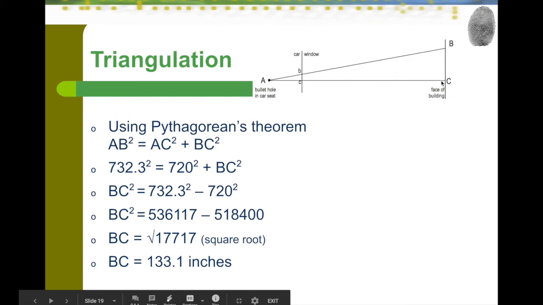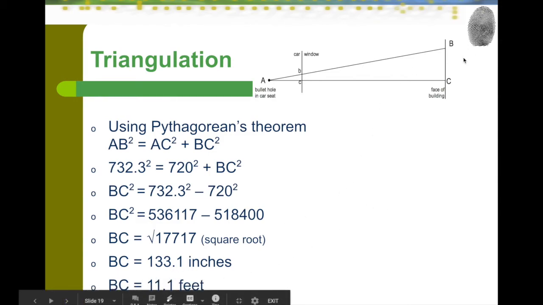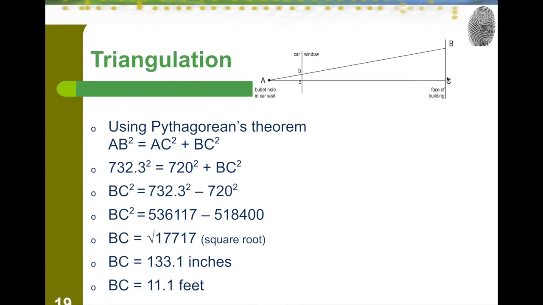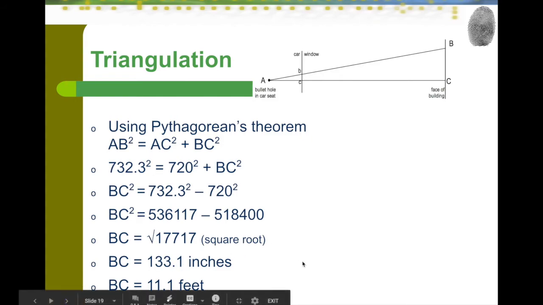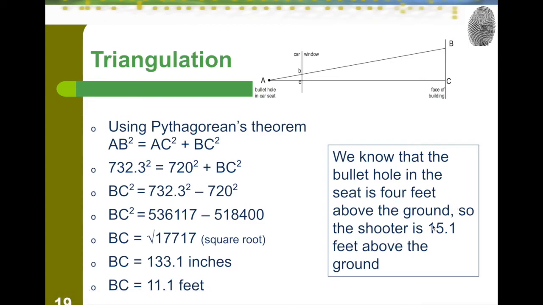But don't forget that C is 4 feet off the ground. So 4 feet, 4 times 12, would be 48 more inches added on there. Okay, so BC is 11.1 feet, plus you have to add in another 4 feet. So we know that the bullet hole in the seat is 4 feet above the ground, so the shooter must be 15.1 feet above the ground.